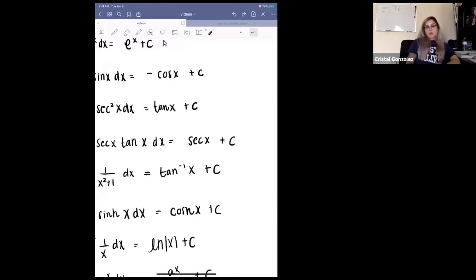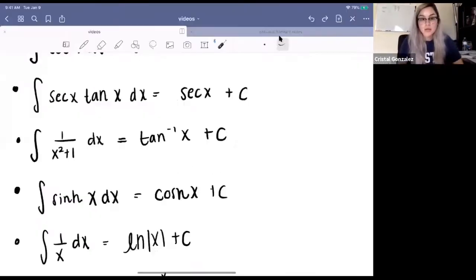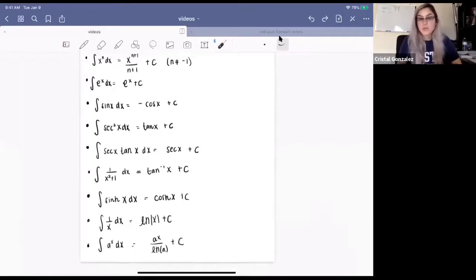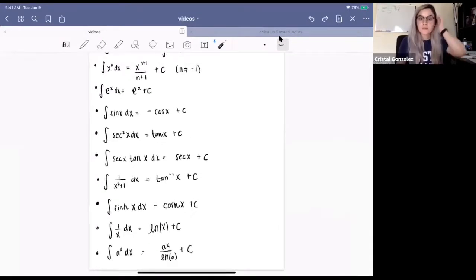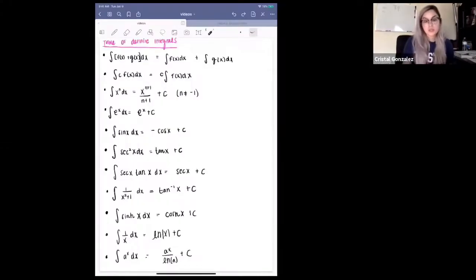If you have something like 1 over x, the power rule does not work when the exponent is equal to -1. So what you need to do is recognize that when you take the derivative of an ln function, you actually get 1 over x. These are a little bit tricky, so like I said, take the time to memorize them. You need them for Calc 2 most definitely.